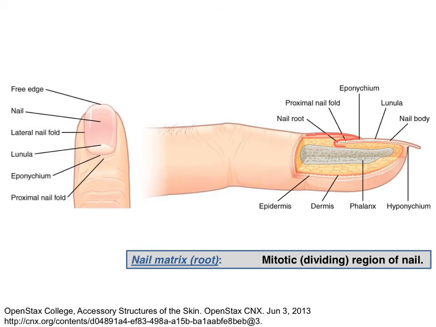And both the nail and hair are made up of keratin, just like the keratin in the stratum corneum of the rest of your skin. But the keratin is arranged a little bit differently in hair versus nail. In hair, keratin proteins are helix-shaped. They're arranged in spirals.